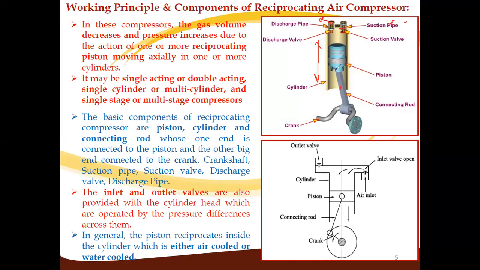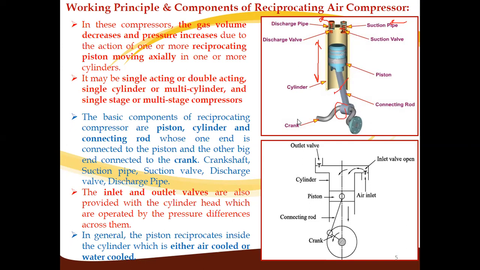One end of this connecting rod is connected to the piston and the other end is connected to the crank. So when the electric motor connected to this crankshaft rotates, this crank rotates and oscillates the connecting rod, and because of the oscillation of the connecting rod, the piston inside this cylinder gets reciprocating. Reciprocating means upward or downward motion of the piston.